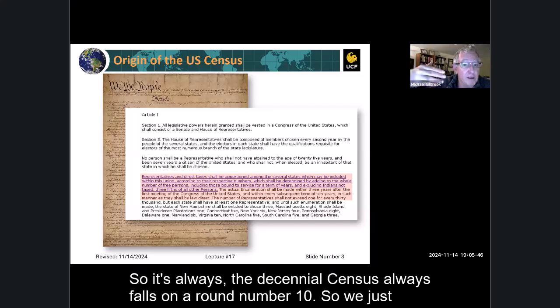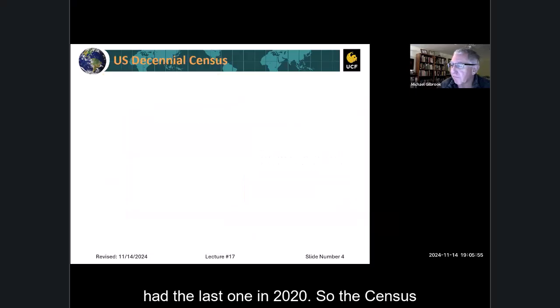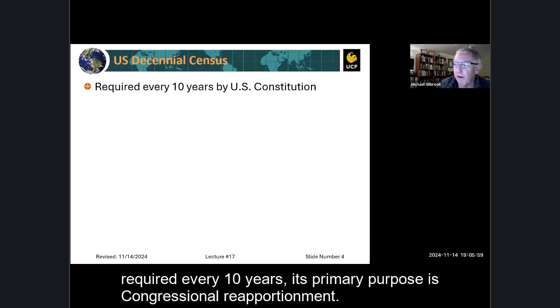So the decennial census always falls on a round number. We just had the last one in 2020. So the census is required every 10 years.